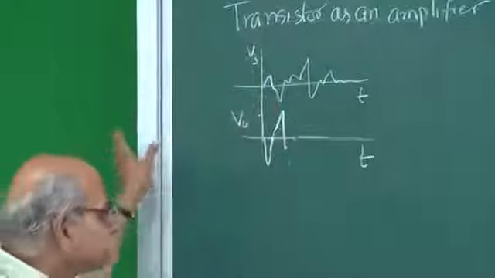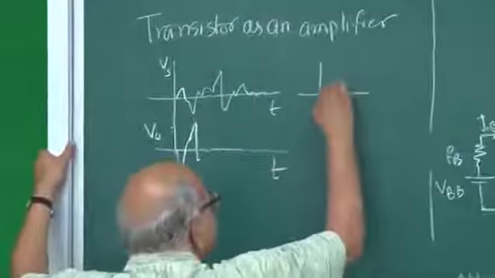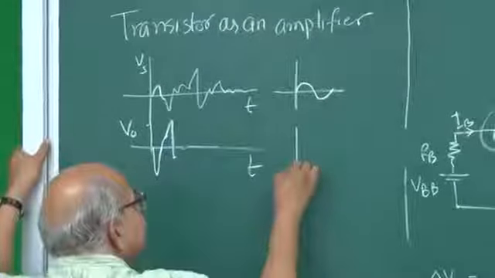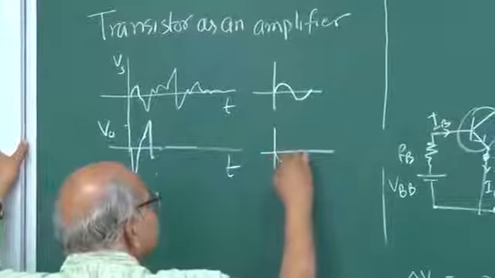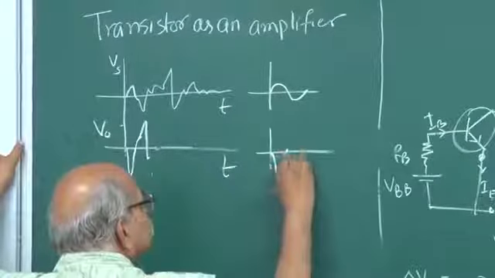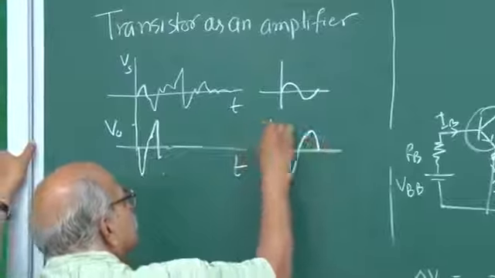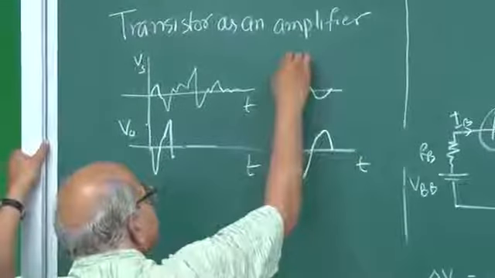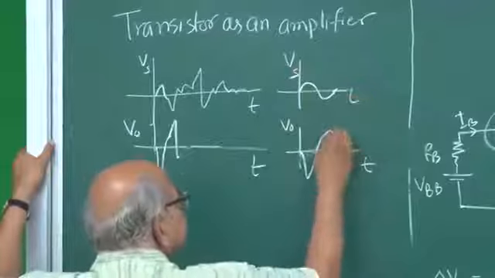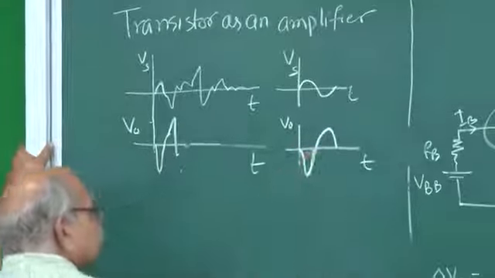So, if I draw a simpler figure, if my signal is like this, then the output will be like this. This will be the output and this will be Vs, right? Of course, not a very good drawing, but you understand what I am trying to say.